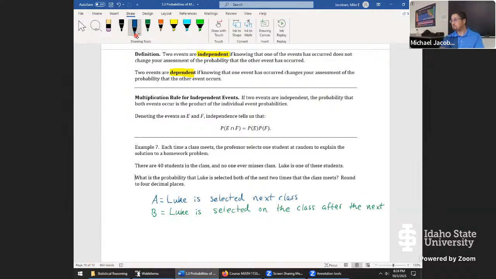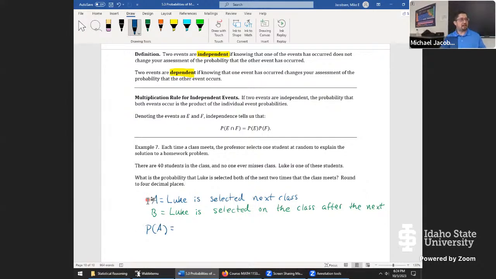Next thing we'd like to do is, well, we need to get at this question. This is the more complicated question right here. But before we get to finding the probability he's selected twice in a row, we can still calculate the probability of A just right here. So let's do probability of A. Now we're assuming this is done in a fair way. There's 40 students.